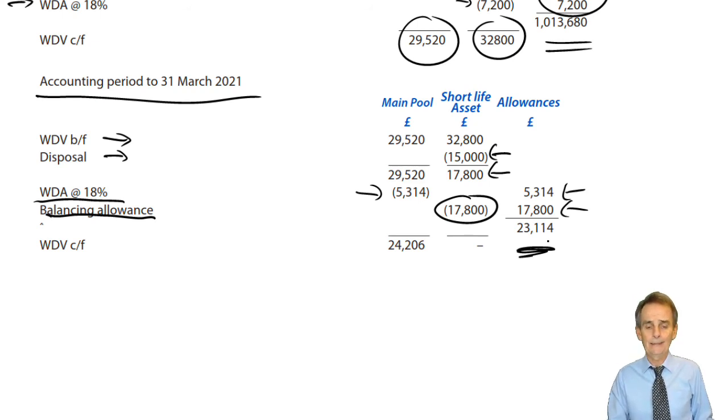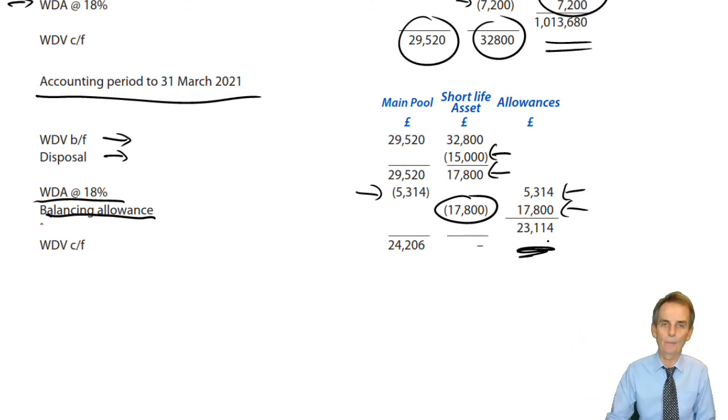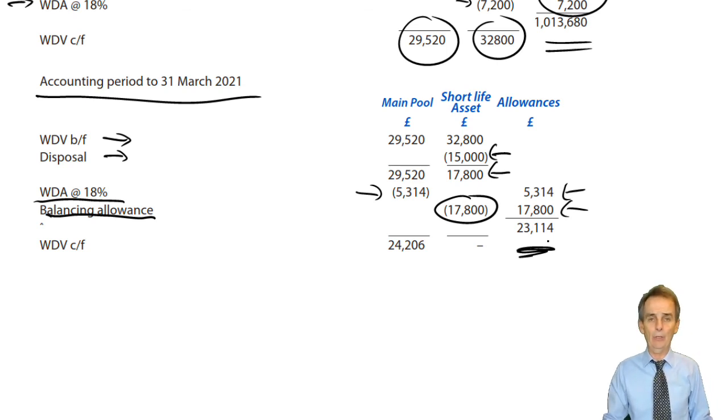What do you do? You get your AIA to your maximum on the other main pool expenditure. This asset, or assets, goes into a separate then non-pool column for that short life asset, and you take your writing down allowance thereon, carry forward the tax written down value. Those are the outcomes you're going to see.